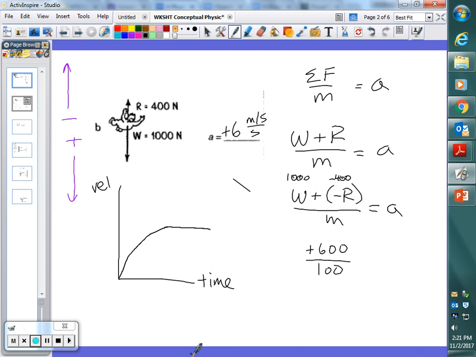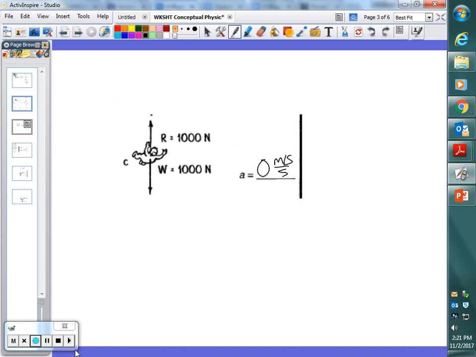And that will continue, and as he continues to go faster and faster, he will encounter more and more air resistance. There comes a point when the amount of air resistance he feels is exactly the same as the gravity that's acting on him. And so, net force is 0, and acceleration is 0.